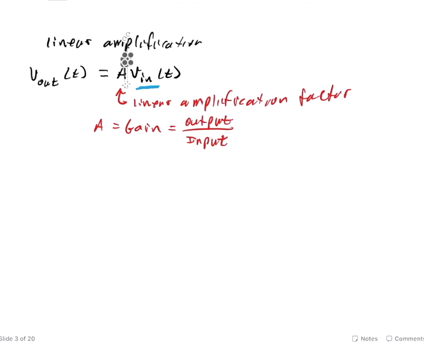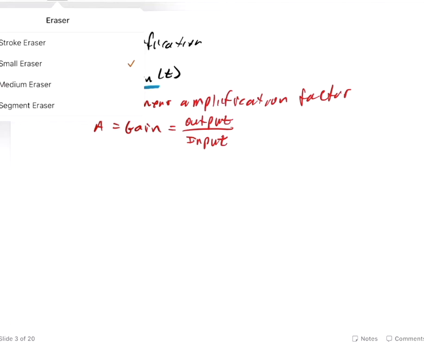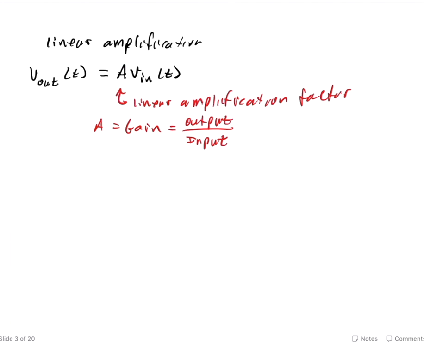And if A is a constant number that I can multiply by, then it's linear, and we've got a linear gain, which is what we're searching for. So in this case, it's V out over V in, but it doesn't have to be. It could be current, it could be power, it could be all kinds of things. It's not always voltage gain.